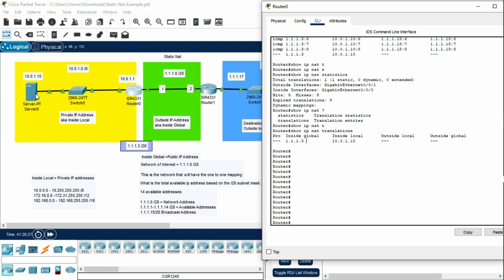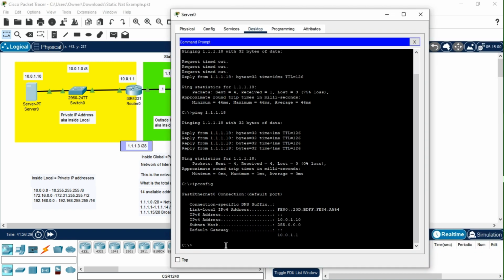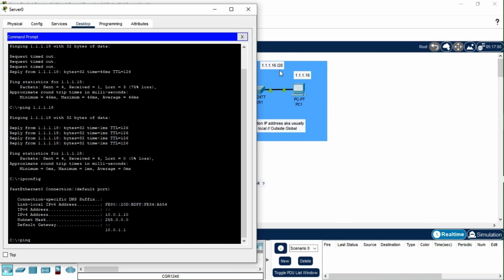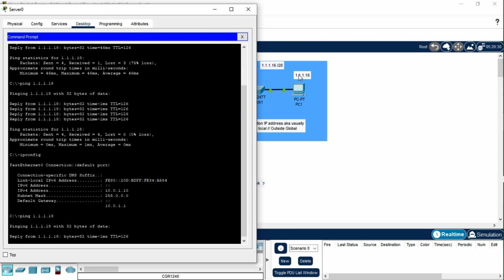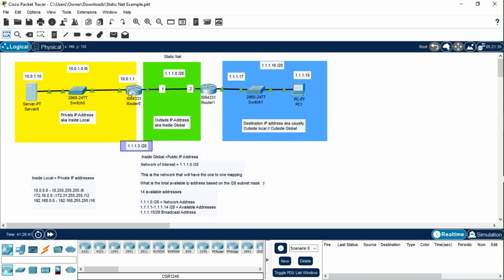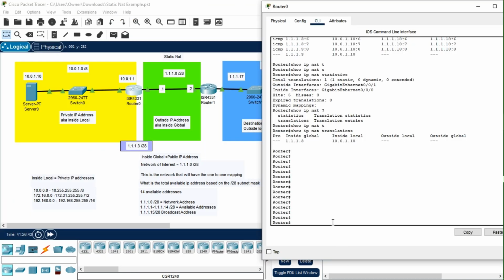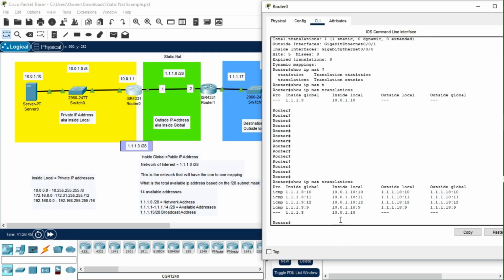I just want to ping this really quick. Let's ping our computer here, 1.1.1.18. Okay, and we have our reply. Let's go back to our router. We're going to run that same command again, show IP NAT translations.